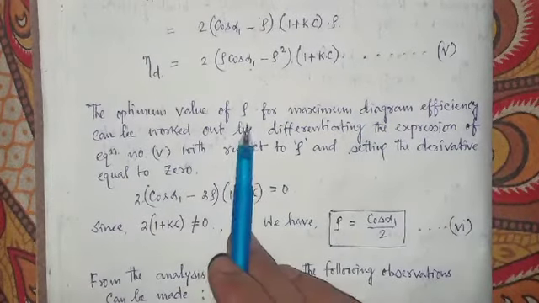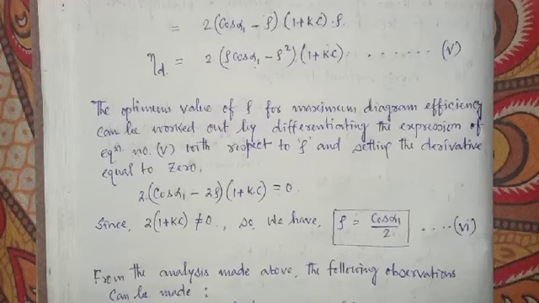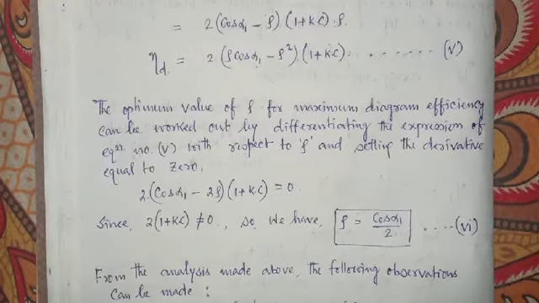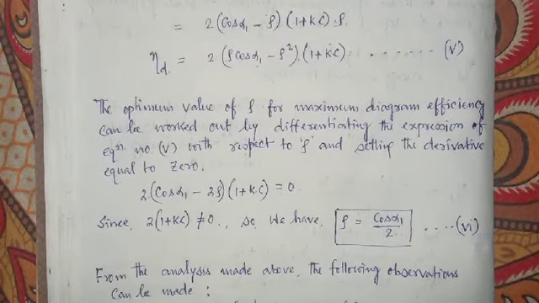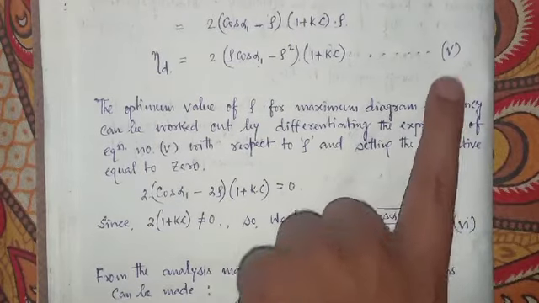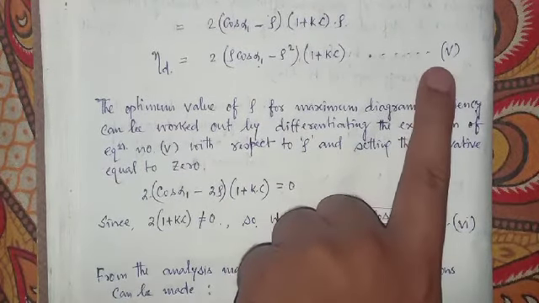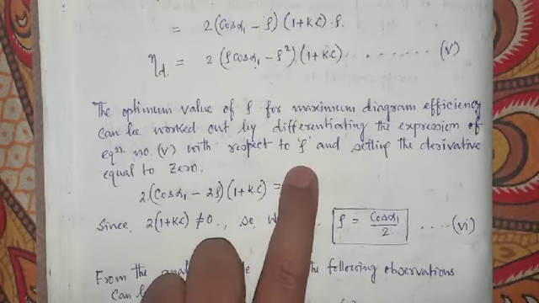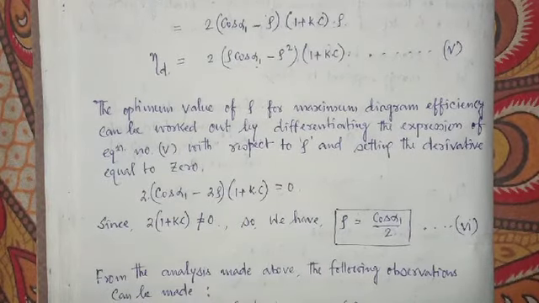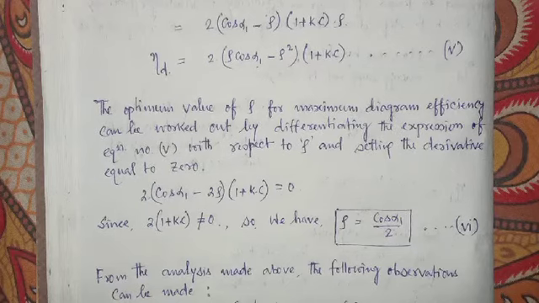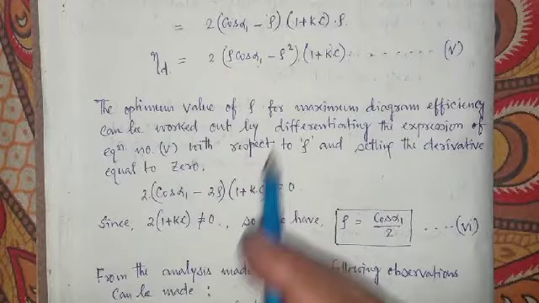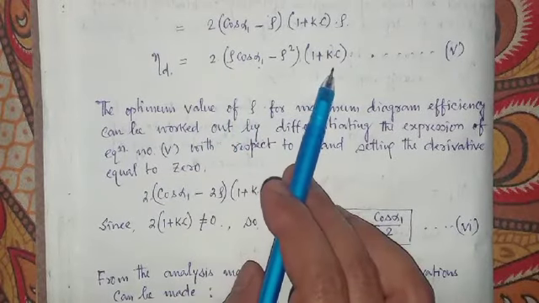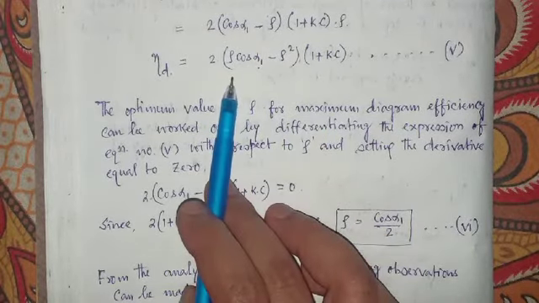The optimum value of rho for maximum diagram efficiency is found by differentiating the expression of equation number 1 with respect to rho. This way we can have the maximum value of diagram efficiency if we differentiate this equation with respect to rho.